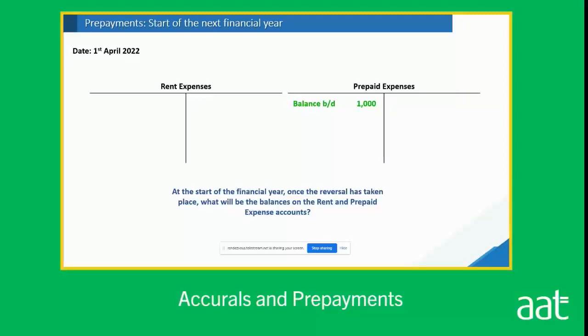To achieve that, and I think some of the responses actually said the double entry, which was great, we will credit the prepayment account and we will debit the rent account. Meaning that at the start of the year, once the reversal has taken place, the prepayment account is 0, and that will receive the prepayment if there's one required at the end of this financial year. But on my rent expenses account, I will have a debit balance of £1,000, and that represents the months of April and May, because whilst those months were paid last year, we're accounting for them this year.